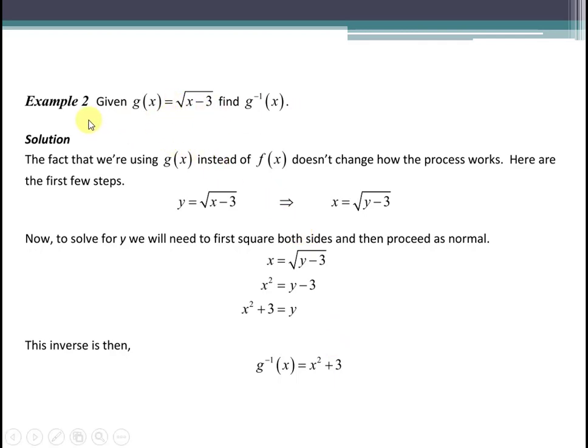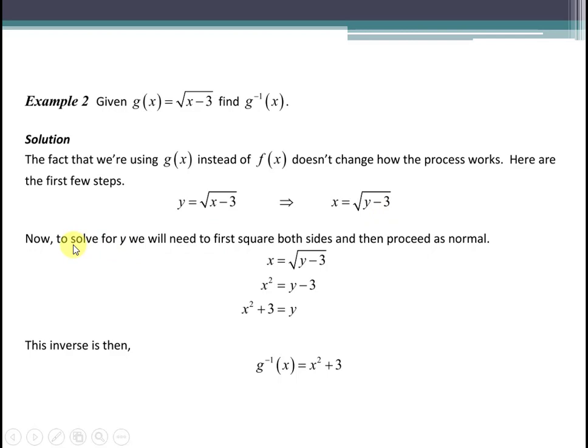Example number 2. Given g of x, which is equal to square root of x minus 3. Find g minus 1 of x. Solution. The fact that we are using g of x instead of f of x doesn't change how the process works. Here, the first few steps just change y to x and x to y.